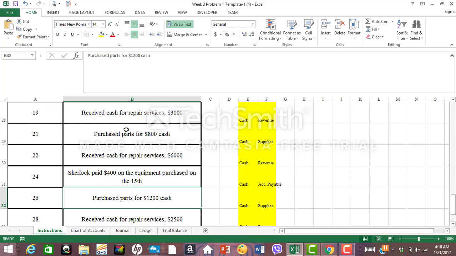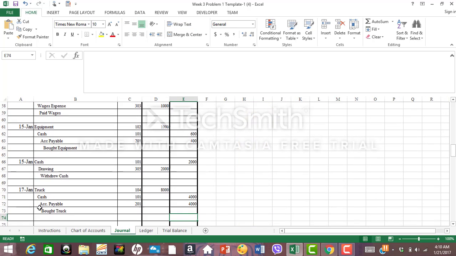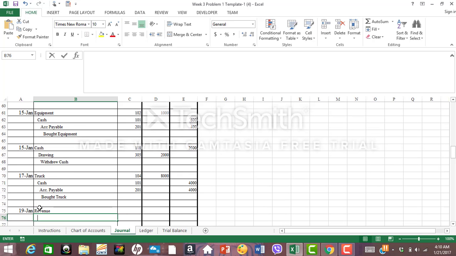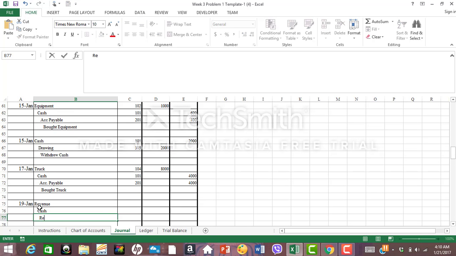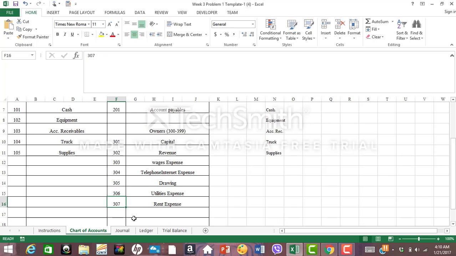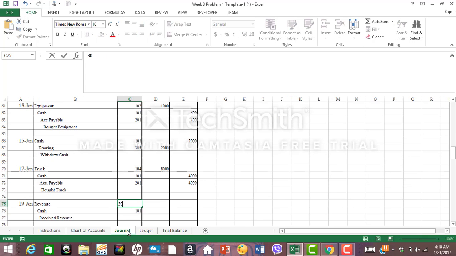January 19th, received cash for repair services for $3,000. It's revenue, cash, received revenue. Cash is 101. Revenue is 302. So $3,000.